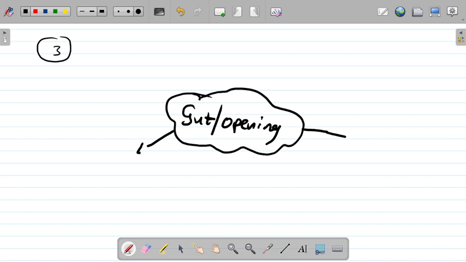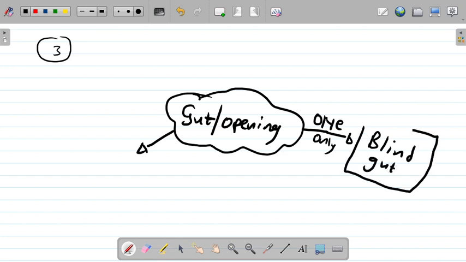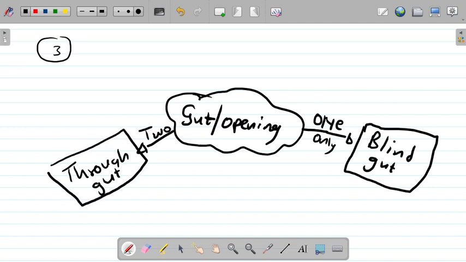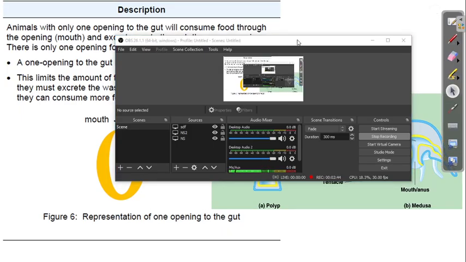If an organism has one opening only, it is known as an organism with a blind gut. Does not mean the organism is blind. And then if it has two openings, it is known as an organism that has a through gut. Through gut. So basically, this is what we're going to be looking at today. Right? Let's go back to our slides.